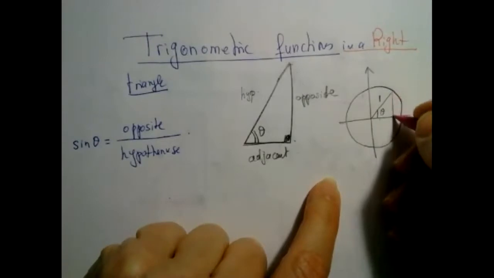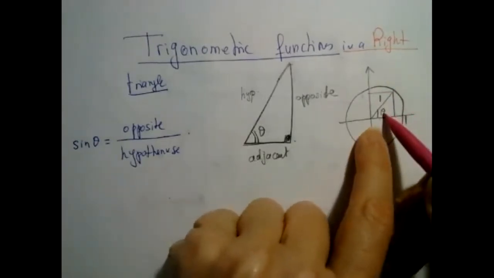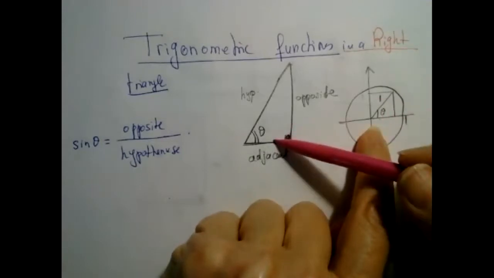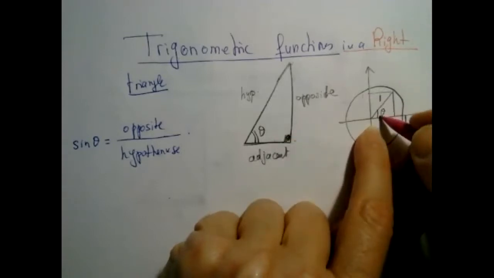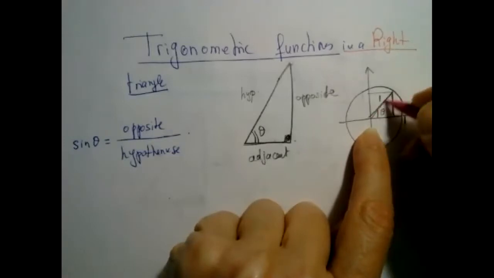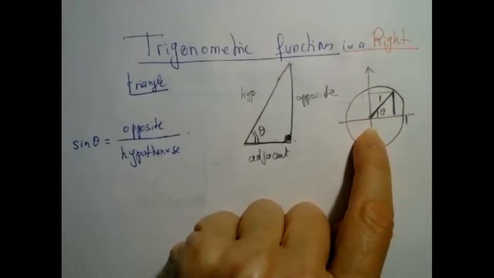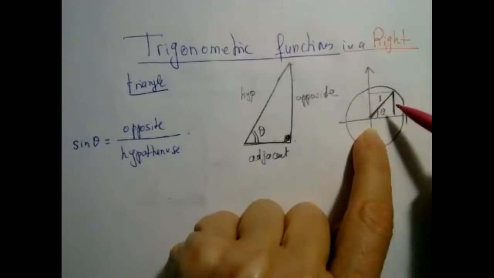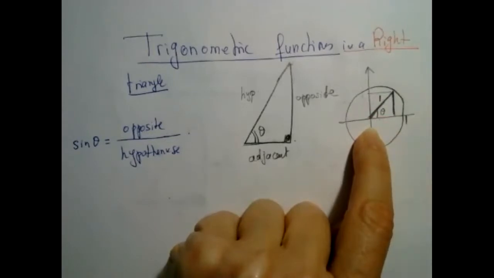And we defined the sine to be the y coordinate. Our definition here and our definition here is exactly the same. We're not really changing the definition. Because if you take this angle theta, the y is the opposite. The hypotenuse is 1. And we defined it to be the y coordinate because we took the hypotenuse as 1.